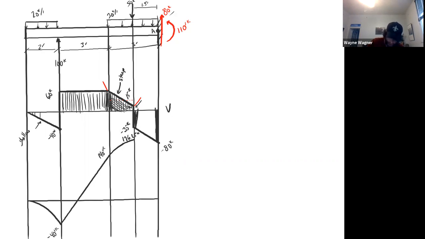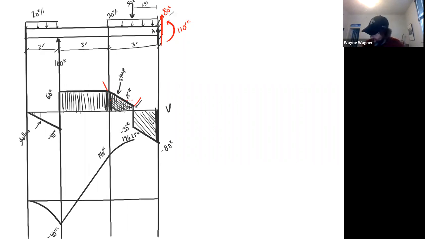So I need to figure out the area of this particular trapezoid thing. I'm just going to call them trapezoids. Okay, so we'll do 35 and 80. 35 plus 80 is 115.